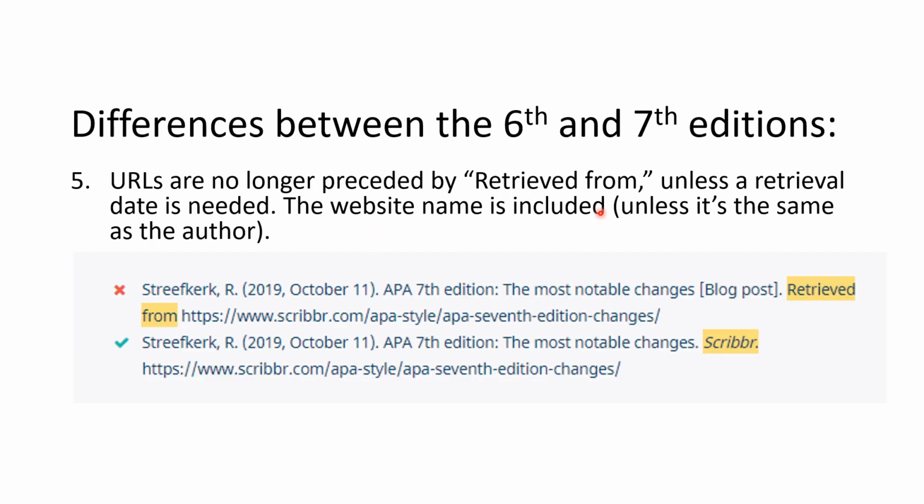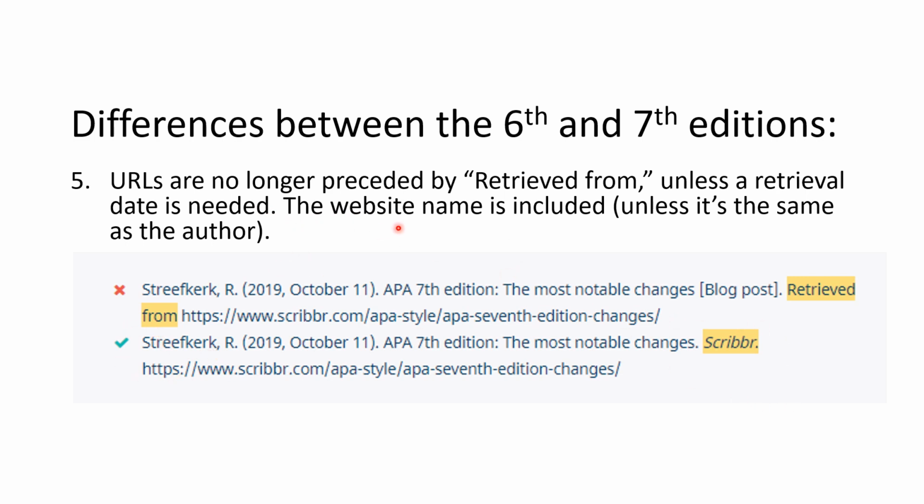In the 6th edition, the phrase retrieved from is required, and then it's followed by the URL. In using the 7th edition, this phrase is no longer needed. The URL is no longer preceded by retrieved from unless it is required by the school that you indicate the retrieval date. In MCL, it's not necessary that you include the retrieval date, so you do it this way.